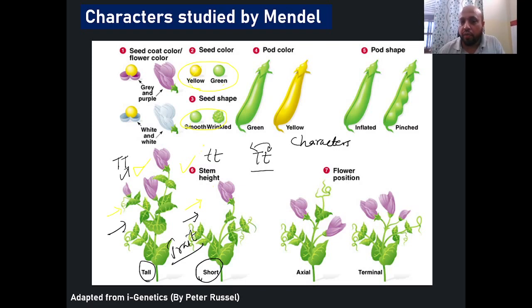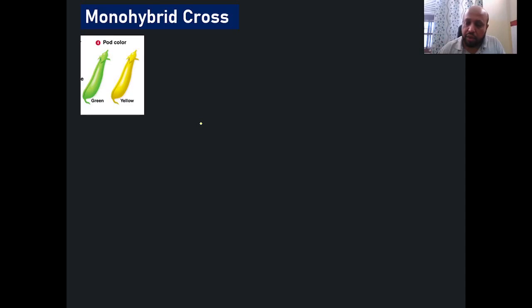These are two contrasting forms of the phenotype. To understand this, we will use a cross, and this type of cross is called a monohybrid cross. When we say monohybrid cross, we are interested in knowing only one of the characters at a time.